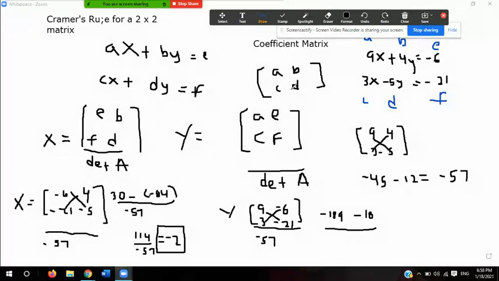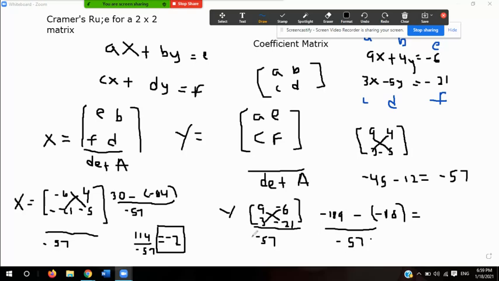Minus negative 18, over negative 57. So obviously, negative 189 minus negative 18, the negative sign turns into a plus.